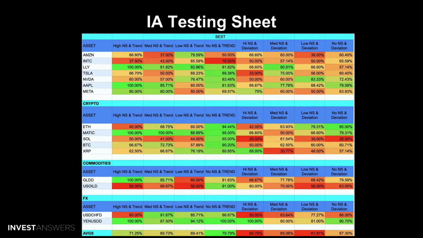And we have this thing called the crowdsourcing testing sheet. So this is on FIFO. Here you have all of the different signal logic, the noise suppression, etc., FIFO, and all the different assets over time, and you can see the results, and you can sort by the results.